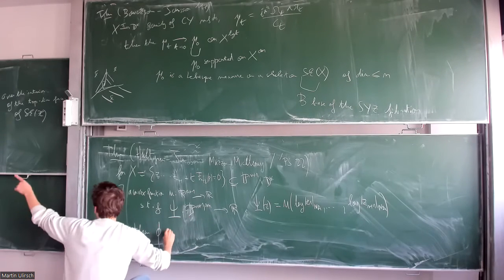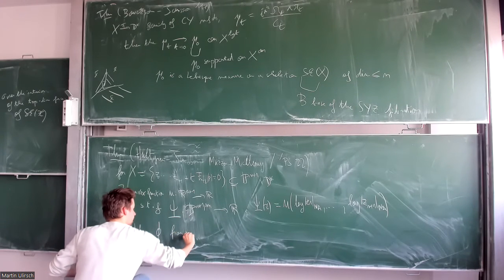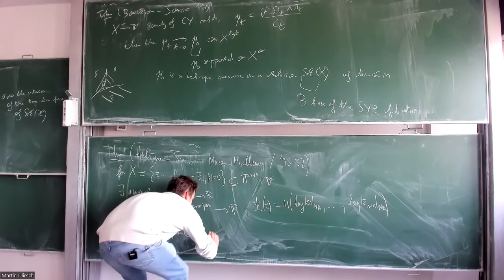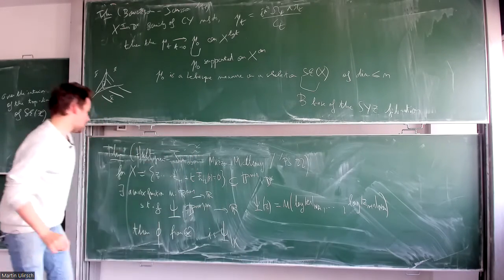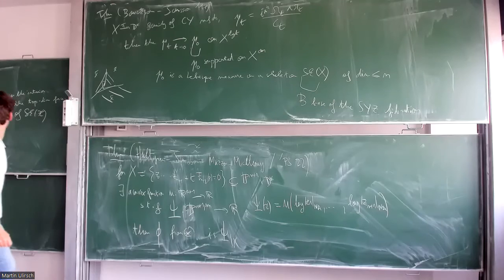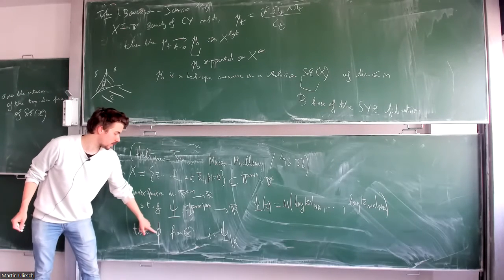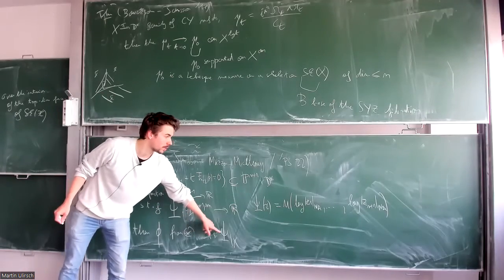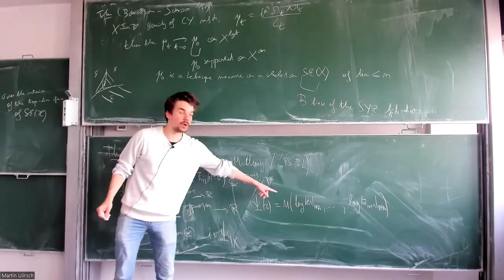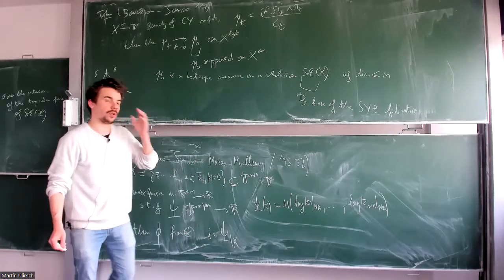Then the phi from up there is the restriction of psi to X. So not only is this function psi actually the restriction of a function on the projective space, but this is also a toric function, in that it depends only on the log of the modulus of the coordinates.